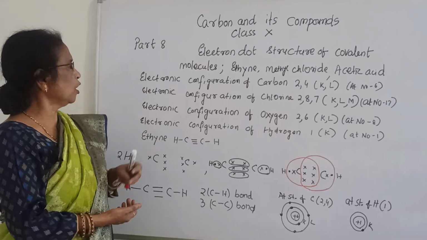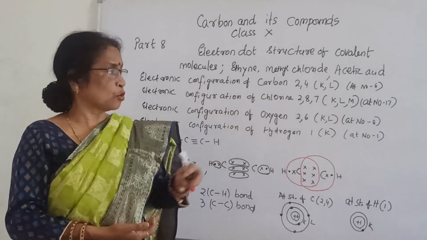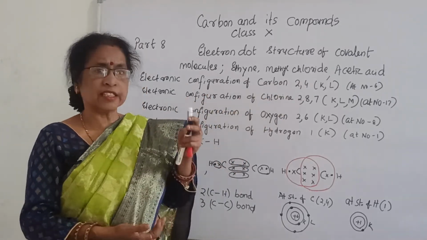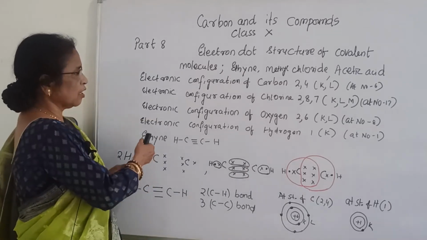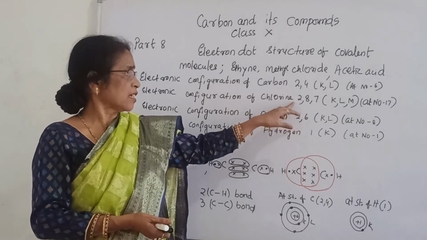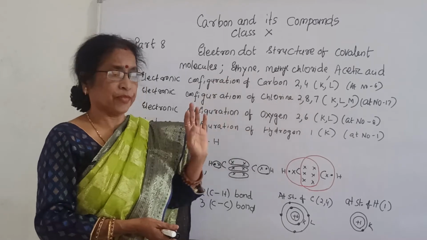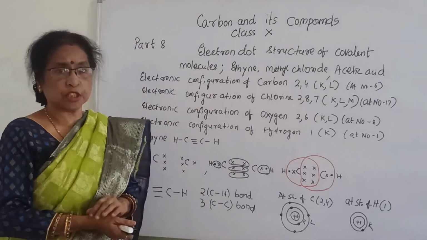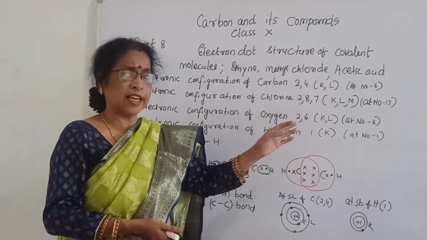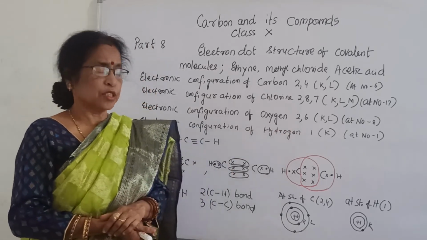So you should know the electron configuration of carbon: 2, 4, atomic number 6, so K shell has 2 electrons and L shell has 4 electrons. The electronic configuration of chlorine is 2, 8, 7, atomic number 17, shells K, L, M. Oxygen has atomic number 8, so 2, 6. And hydrogen has atomic number 1, so 1.